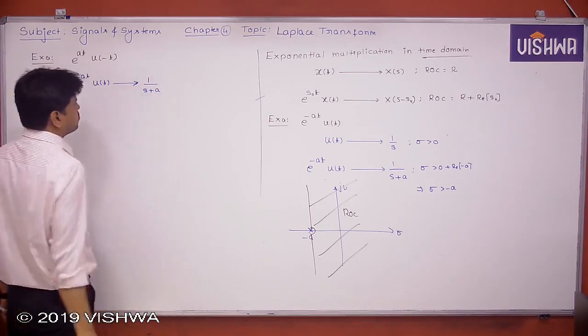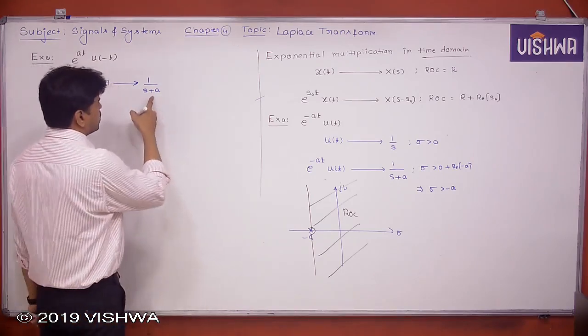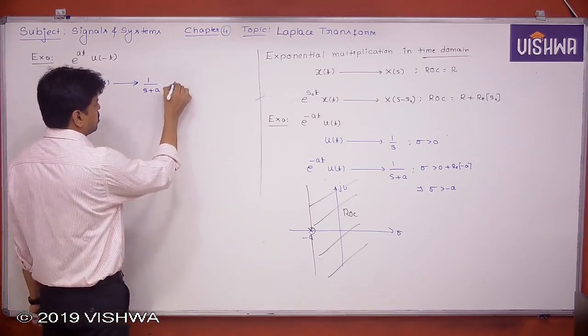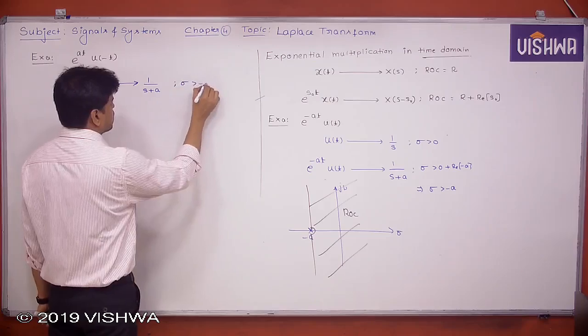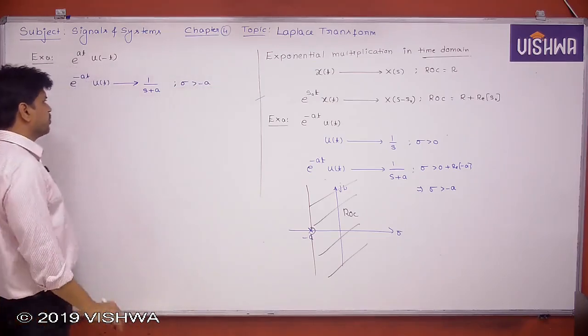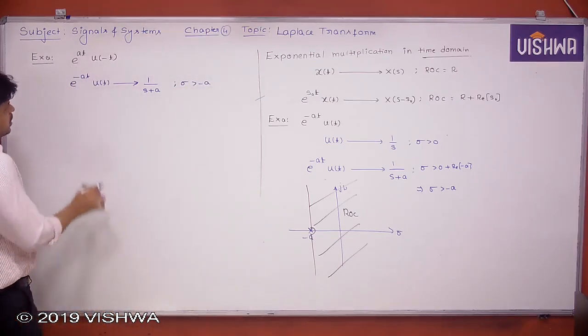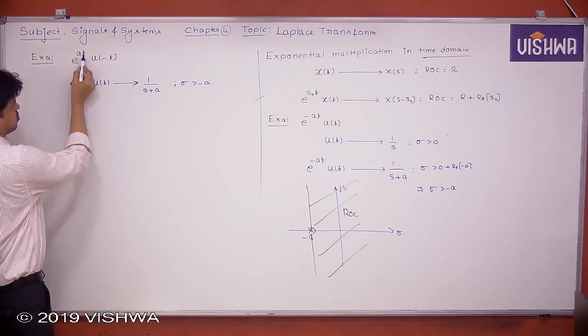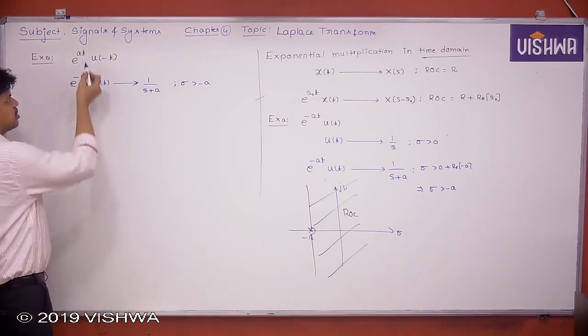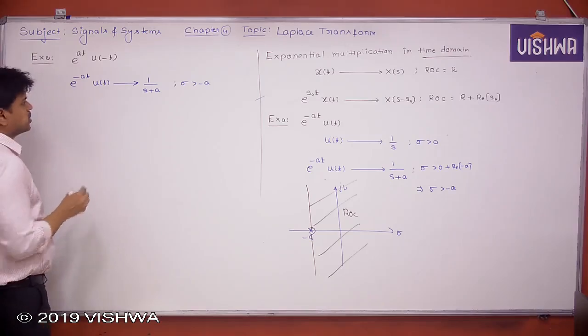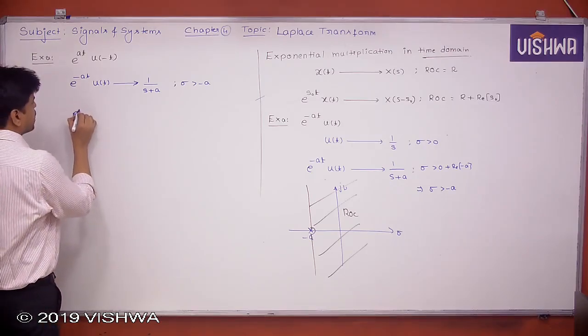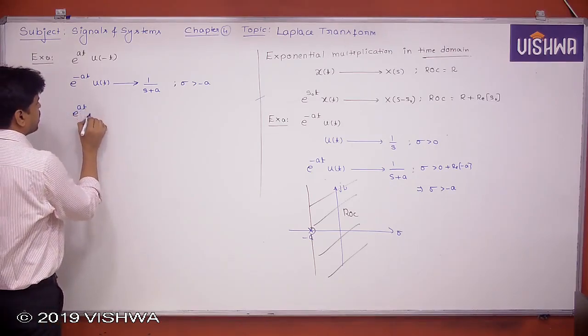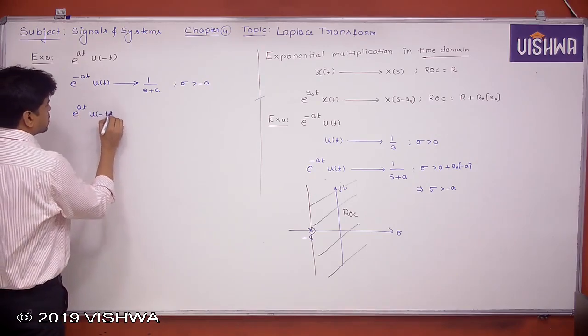That's okay. And we know here the pole is minus a, and it is a right-sided signal, sigma greater than minus a. That is also okay. Now, if I replace t with minus t, can I get the signal we require? Yes. If I replace t with minus t, then it is e power at u of minus t.